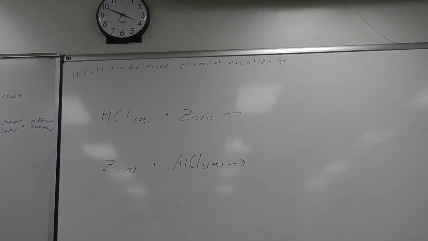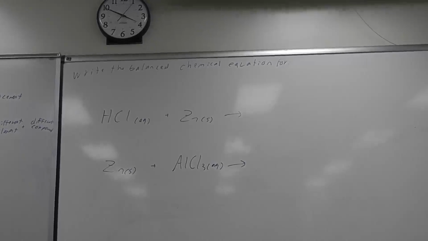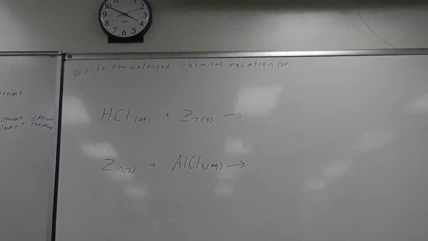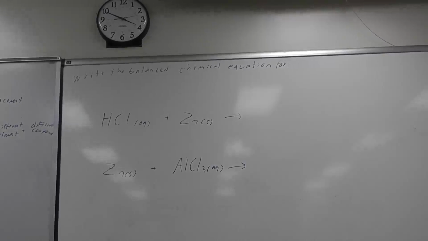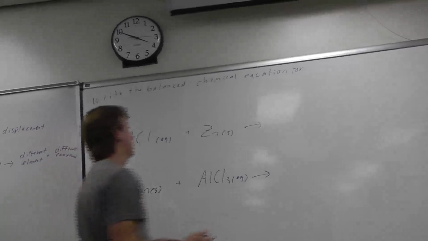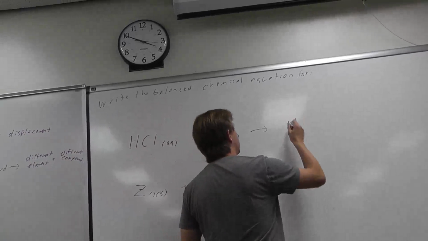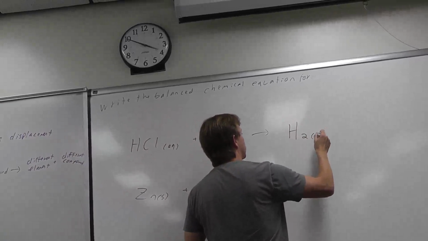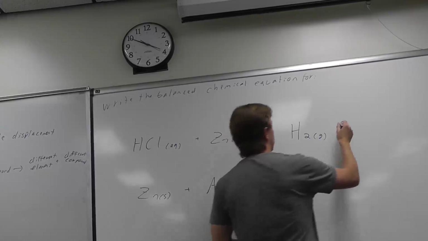Zinc with hydrochloric acid, will there even be a reaction? Yes, because zinc is higher ranked. So it's going to force its way into the compound. Hydrogen comes out as the plain neutral element, diatomic hydrogen.